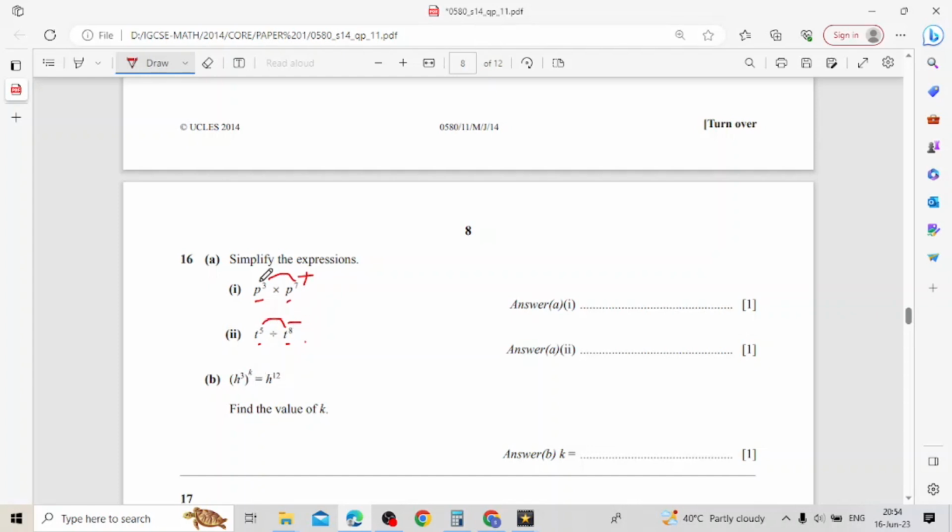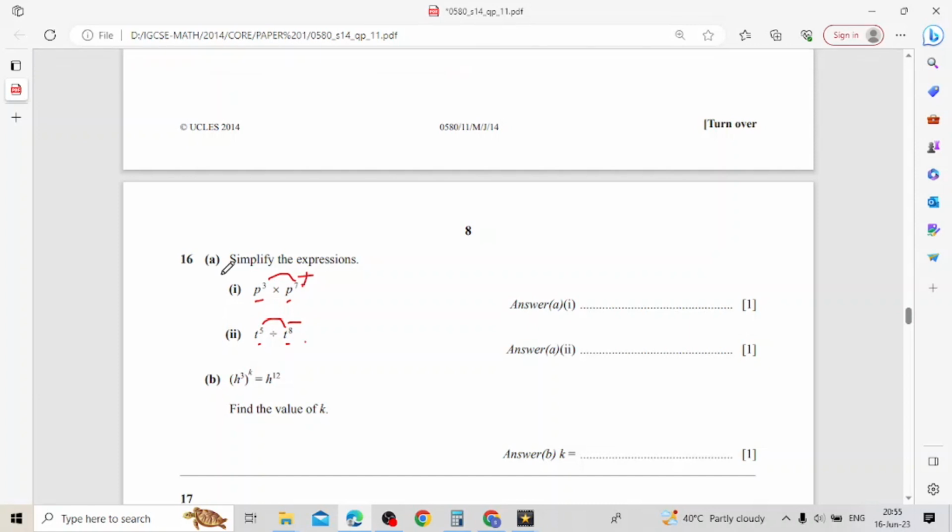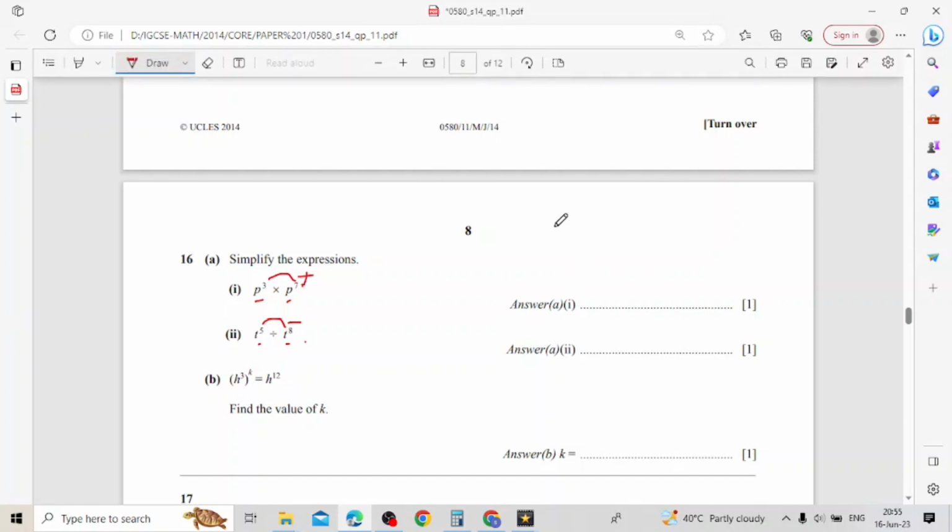Here 3 plus 7. We have these rules. Okay, now let's follow them. So here what do we get? P to the 3 plus 7, right? So here we get P raised to 10.